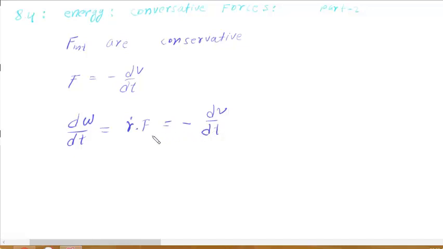Let us say this potential energy is the sum of the potential energies over pairs. If there is a number of particles n, then there exist a number of pairs, n times (n minus 1) divided by 2.